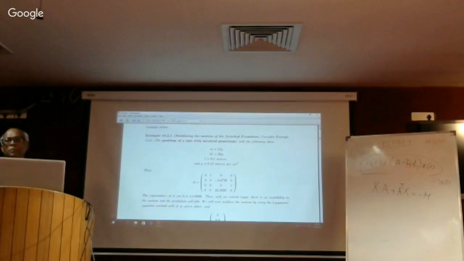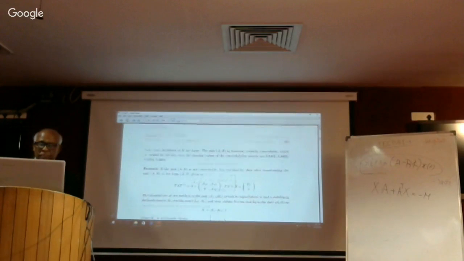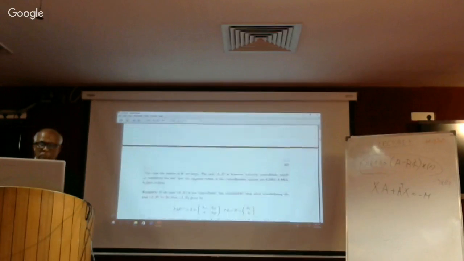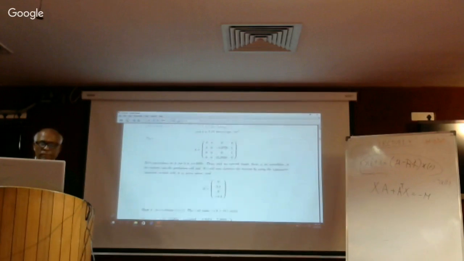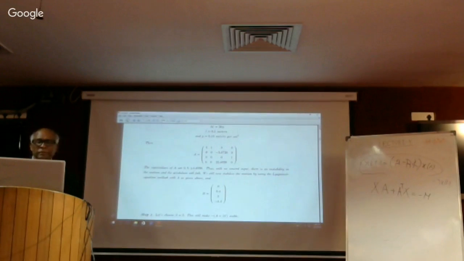Okay, let's use the Lyapunov equation technique to do that. Suppose we choose the matrix B this way. And you can check easily that AB is controllable, using any of the tests you know right now.